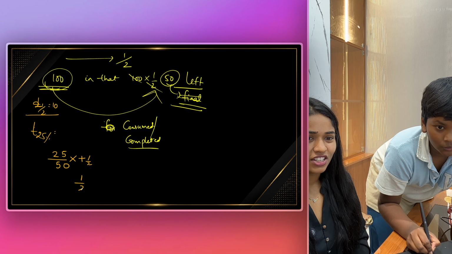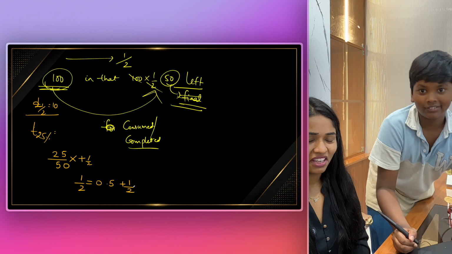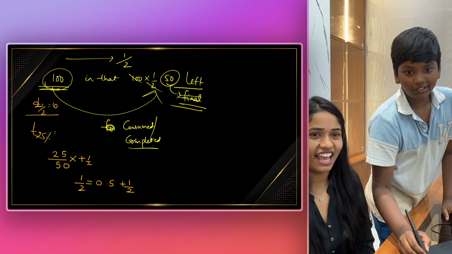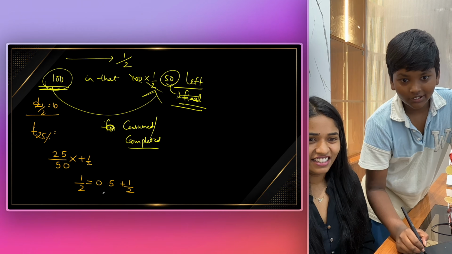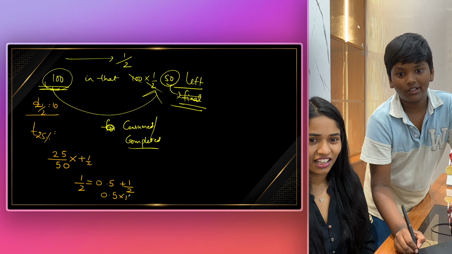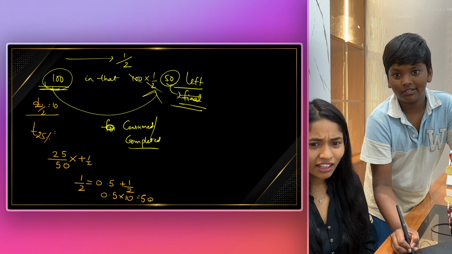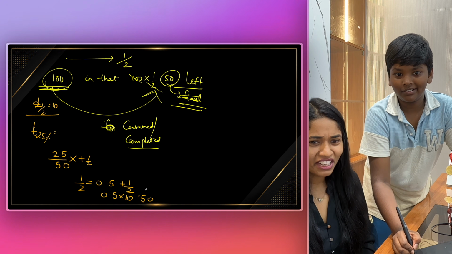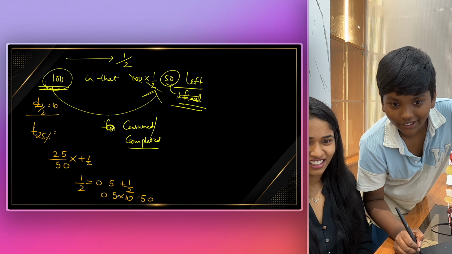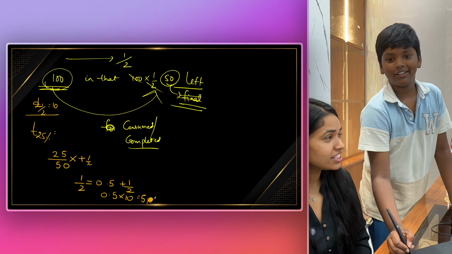Then how much is it? 1 by 2 is equal to 0.5 into T half. So T half value is 10 I have given. Then 0.5 into 10. Oh, 5. Okay. 0.5 into 10 is how much? 5.